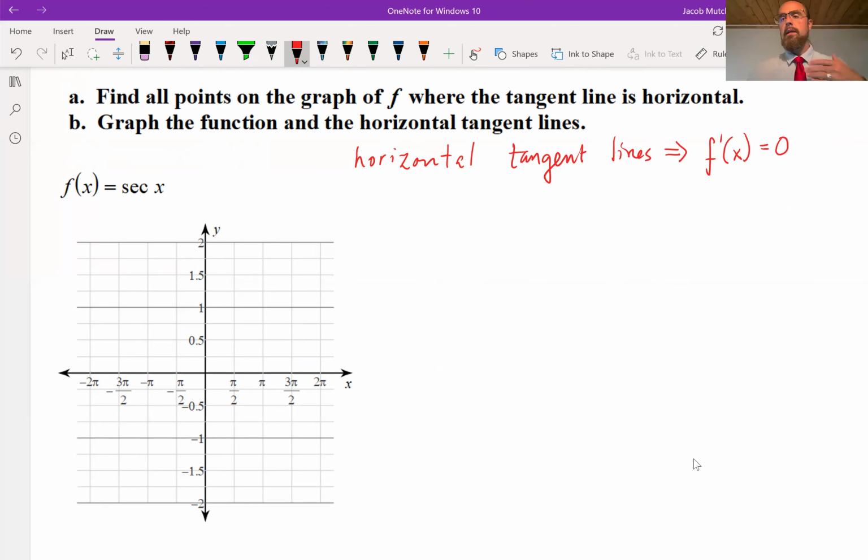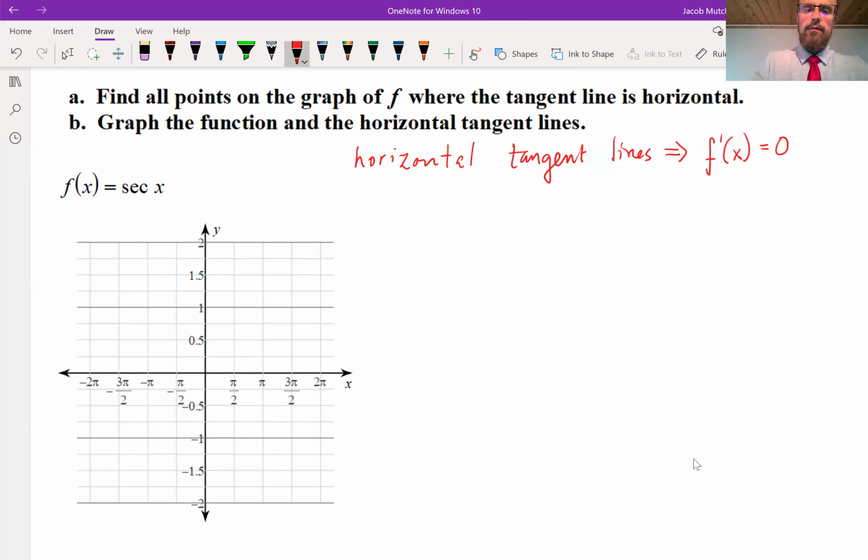And to think about that really is just to connect again the idea of derivative with the slope of the tangent line. The derivative is the slope of the tangent line. So if we're thinking horizontal tangent lines, those have a slope of 0. And that's the logical leap to say, when I'm looking for horizontal tangent lines, I'm looking to set the derivative equal to 0. So we don't need to linger very long.